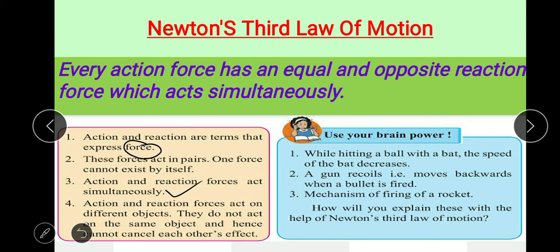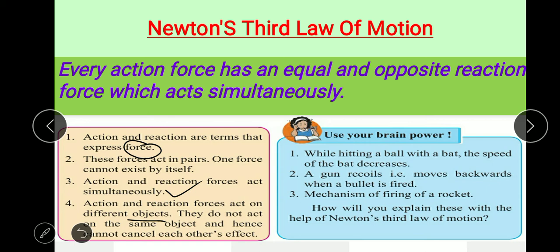At the same time, action and reaction forces act on different objects, students. If the action force is acting on the first object, the reaction force will act on the second object. For example, I will push the wall, and I'll be pushed by the wall, students.